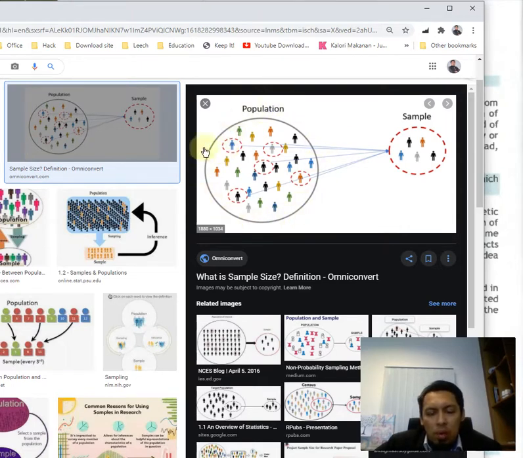Let's say this is the whole of the people you have in that community, the population. If you want to use a sample of this population, you pick a person inside this population to become its sample. In other words, this person should have the same characteristics as this population. Okay, so that is sample and population.